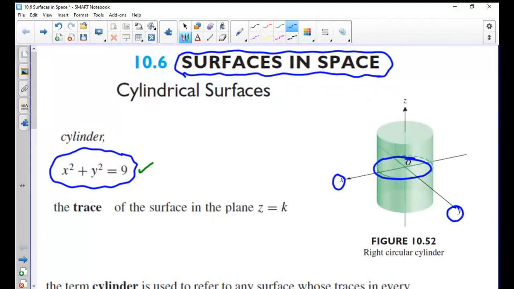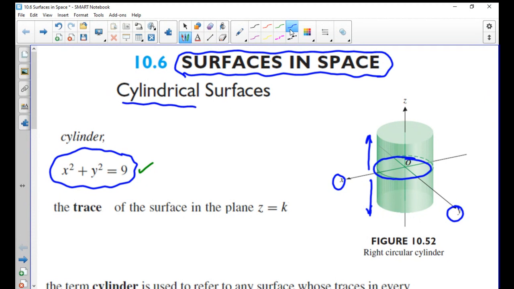But because there is no z in the equation, then this circle, you slide it up like this, and you slide it down, which means z can be 1, 2, 3, 4, 5, or it could be minus 1, minus 2. At each value of z, you have a circle, and you put all these circles together, what will you get? You will get this shape, which is called a cylinder.